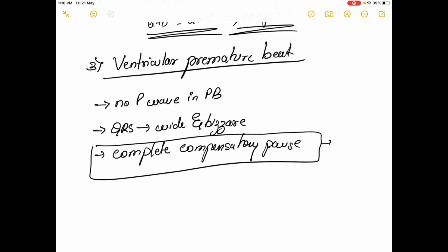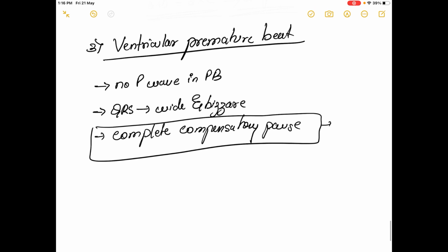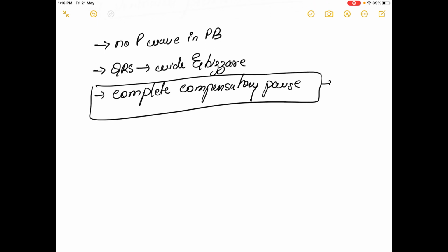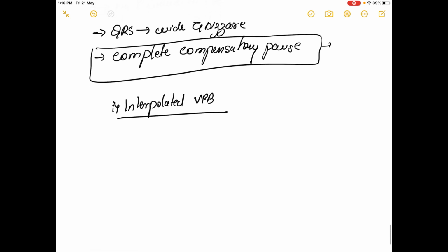Now let's see a few variations in ventricular premature beats. That is something called an interpolated ventricular premature beat.